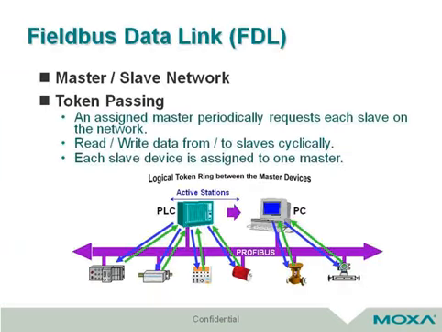For layer 2, the fieldbus data link defines two things. PROFIBUS uses a master-slave network, and the masters work in a token passing method. The master-slave network means there are PROFIBUS master and PROFIBUS slave devices.